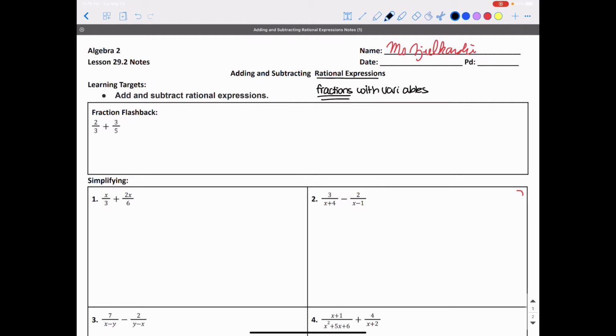So I want to do a fraction flashback to just two fractions with just numbers in them, no variables. When I have this situation, 2/3 plus 3/5, I need to make the denominators the same before I can add these two things together. So I need the same denominator.